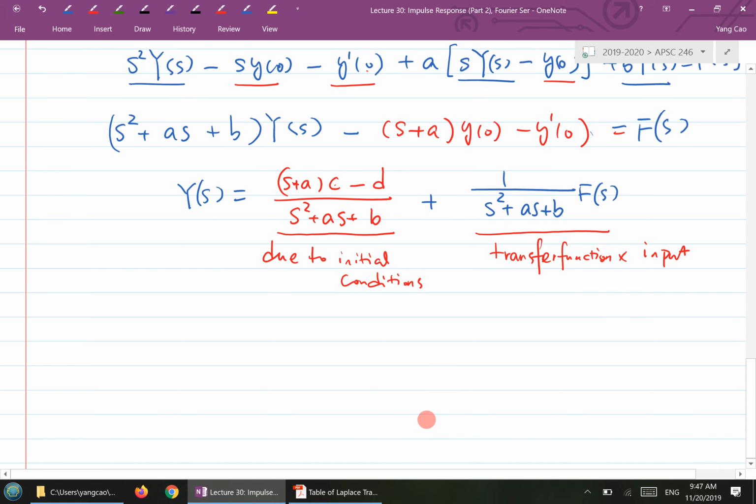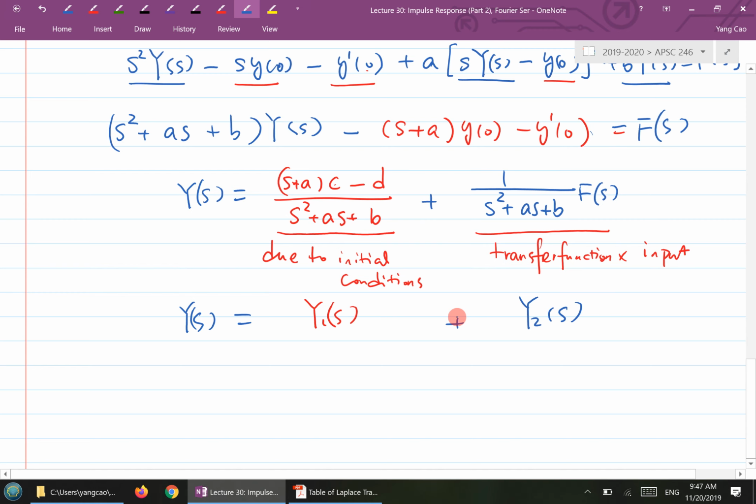So it's like you have two different s functions. If we call the first one Y1 and the second one Y2, your Y of s is the addition of these two s functions.